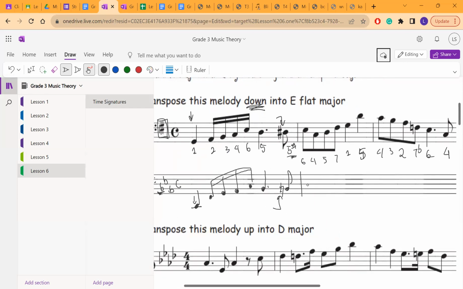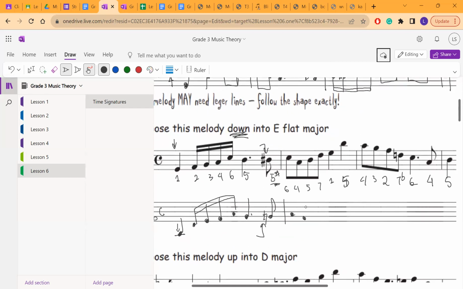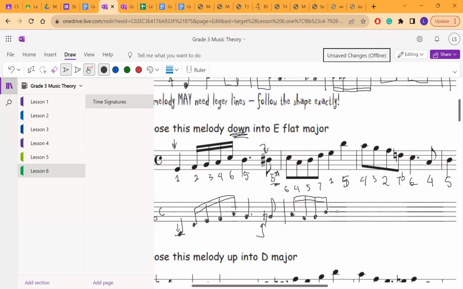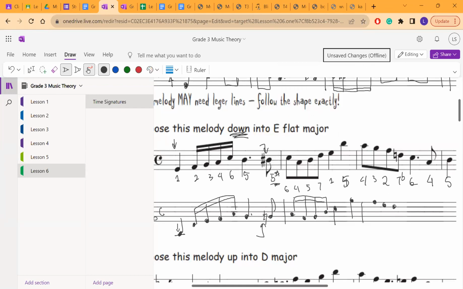Okay. And we just continue. There's a sharp 7 there.